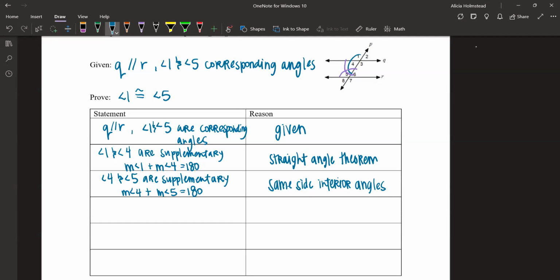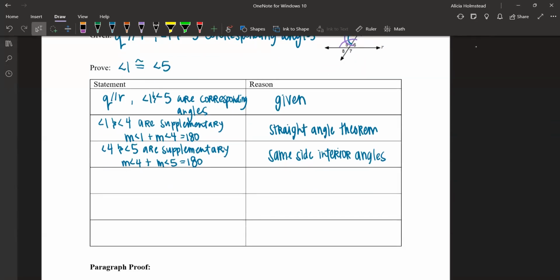Well, we're going to do the same thing that we did above and rearrange those equations. So if we subtract, for one of these, we can get the measure of angle 1 is equal to 180, subtract the measure of angle 4. For the other, we can get the measure of angle 5 is equal to 180, subtract the measure of angle 4. And again, that is the subtraction property of equality.